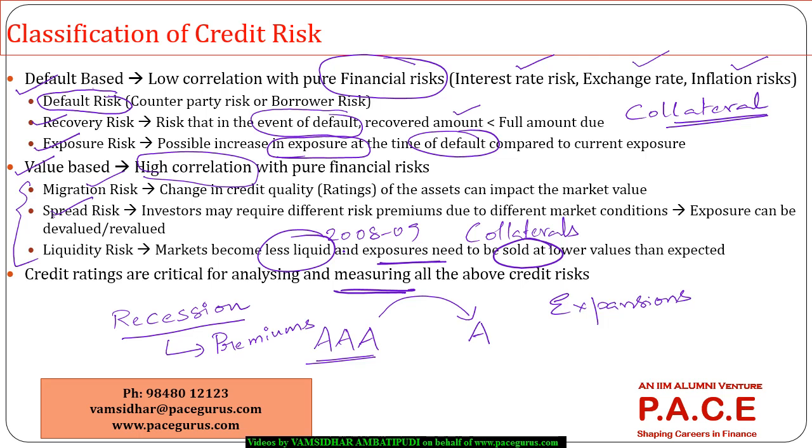That's the major role of any credit rating agency. When they are providing the credit rating to a particular issue or to a particular issuer, they have to consider all the aspects that we have mentioned above.